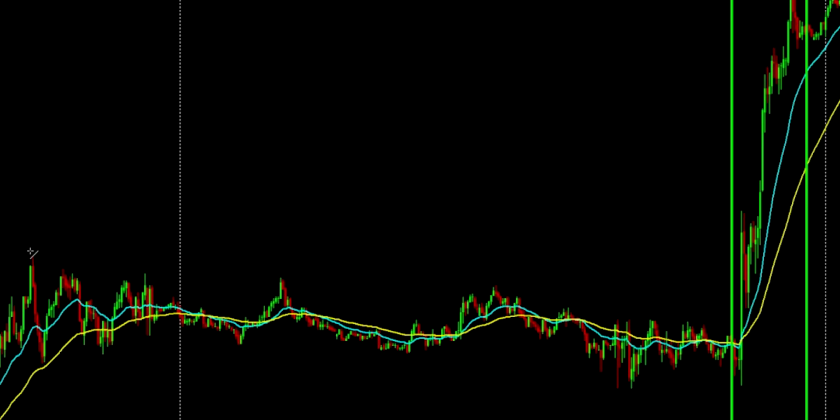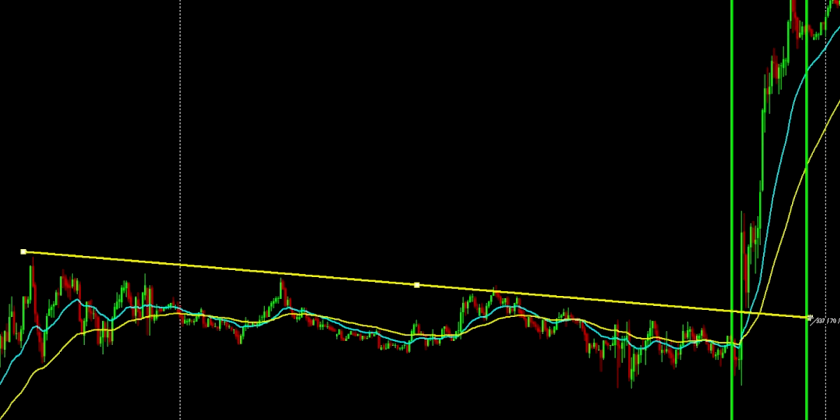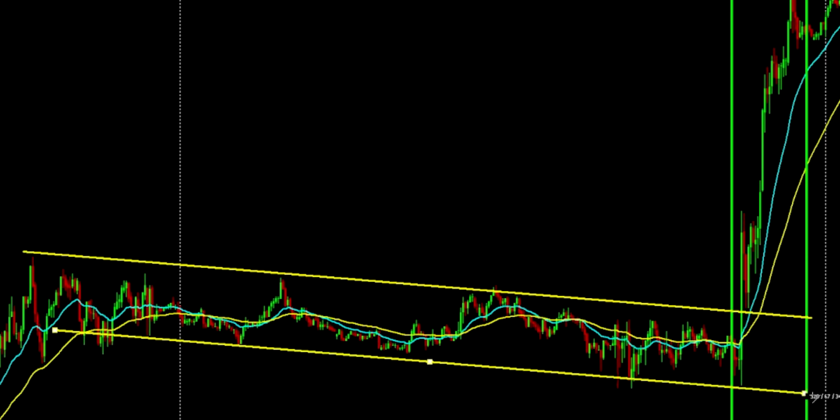So I'm going to draw in a level of resistance which goes through the main points that were reached in the trading range here, and a level of support underneath. And so if you're a discretionary trader, it might be the strong break of this particular line of resistance here that signifies to you that the breakout is in progress.